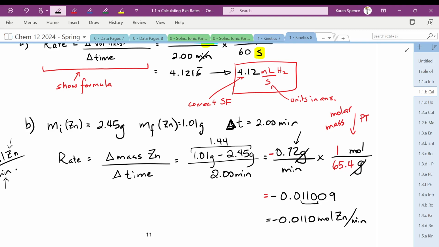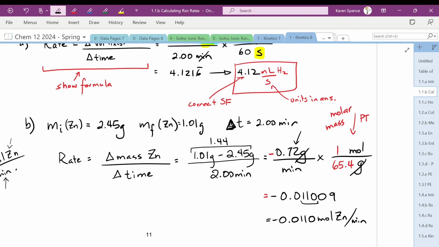But I feel like that is a really sort of nuanced distinction that's hard for students at your level. If you feel comfortable with that kind of thing, you can attempt for the correct usage of positive or negative, but I'm not going to worry about it. If you have a positive on there, I'll be happy. If you have a negative on there, I'll be happy. If you're like me and you drop your negative sign, this is the one instance where I'm not going to get worried about it. Okay? So let's not worry too much about positive and negative. I will leave that for your university's professors to worry about. Yes? Okay, cool.